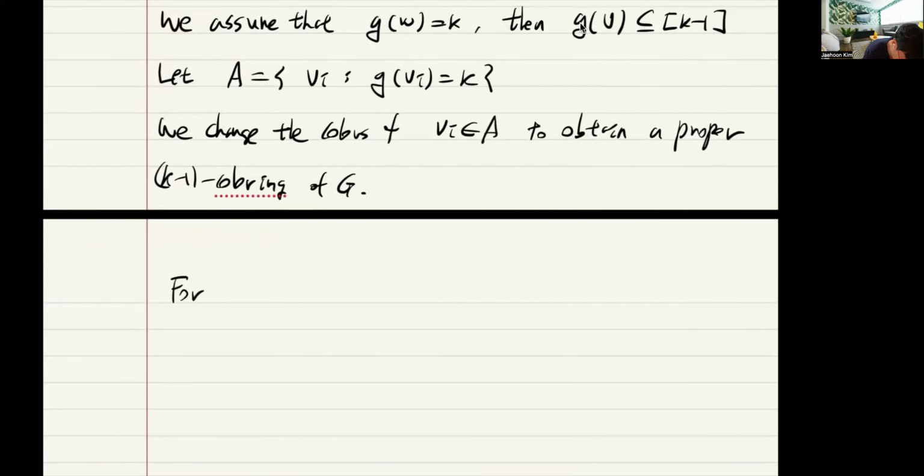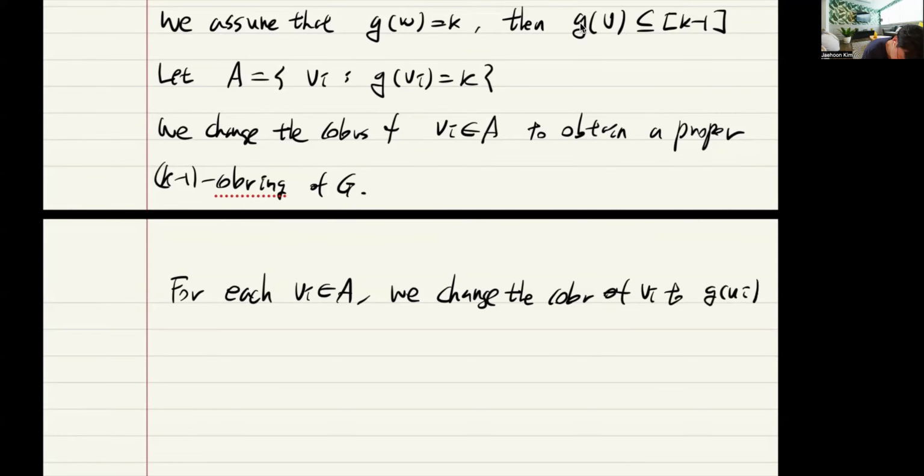For each B_i in A, we change the color of this B_i to G of U_i. You see what color was used on U_i, and then you copy it to B_i.